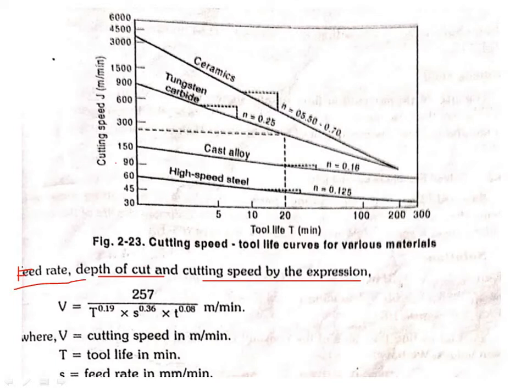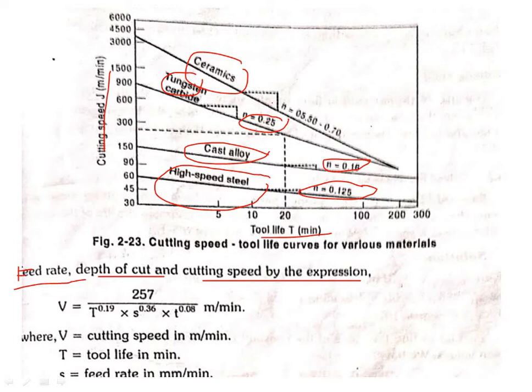You all can see in the sketch, cutting speed versus tool life. For high speed steel, n is equal to 0.125, for cast alloy n is equal to 0.16, for tungsten carbide n is equal to 0.25, and for ceramics it is in the range of 0.50 to 0.70.